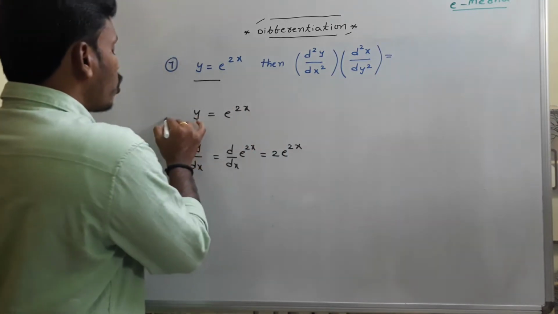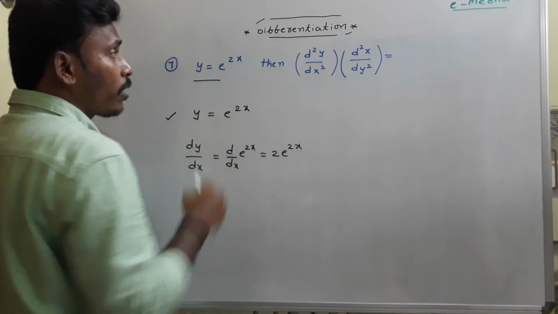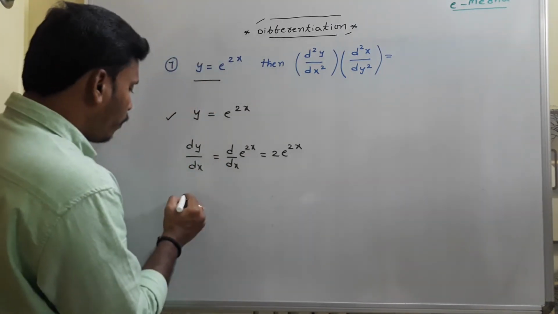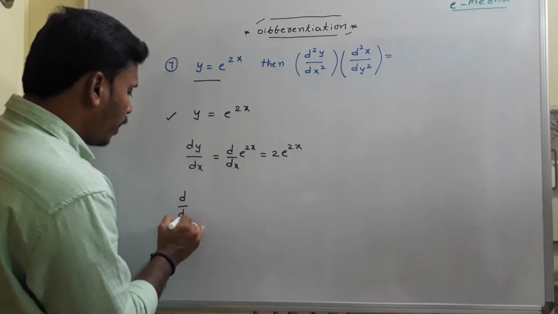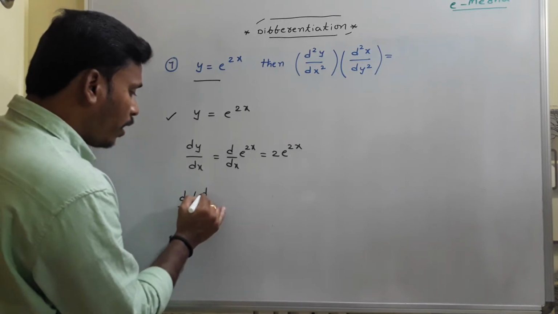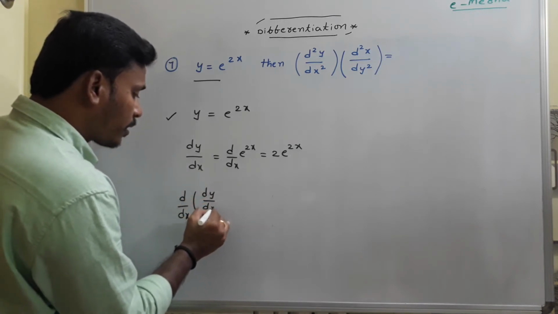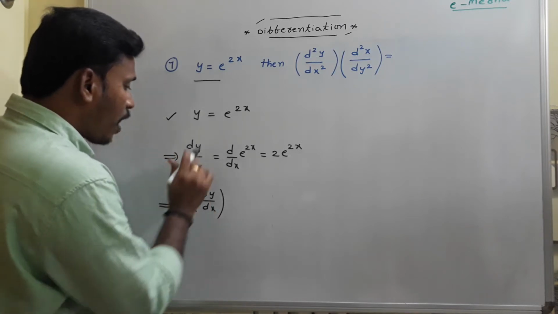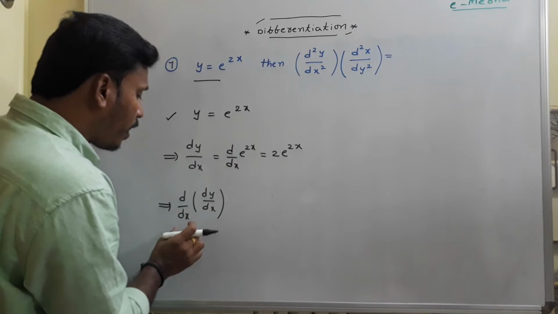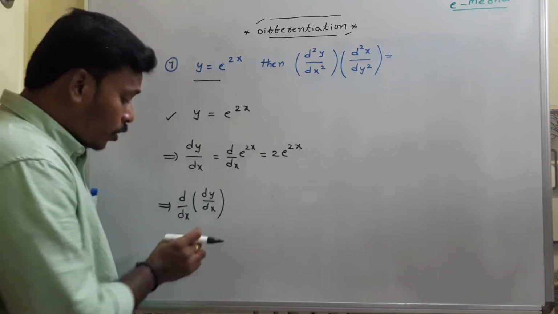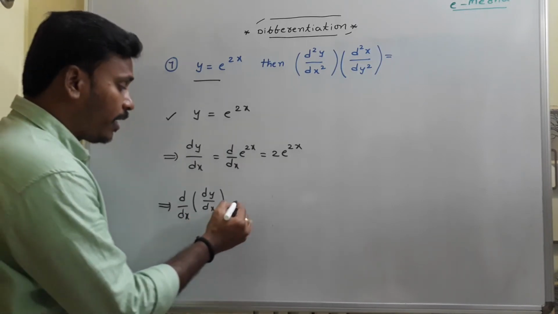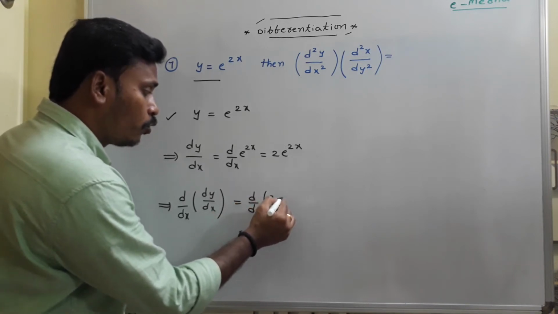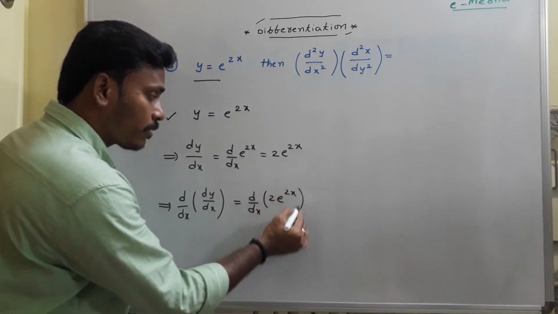Further, we need to find d square y by dx square. So once again we move for the derivative. It is d by dx of dy by dx. Look here, we have dy by dx, and I am differentiating this dy by dx again with respect to x. So d by dx of dy by dx is equal to d by dx of 2 e power 2x.